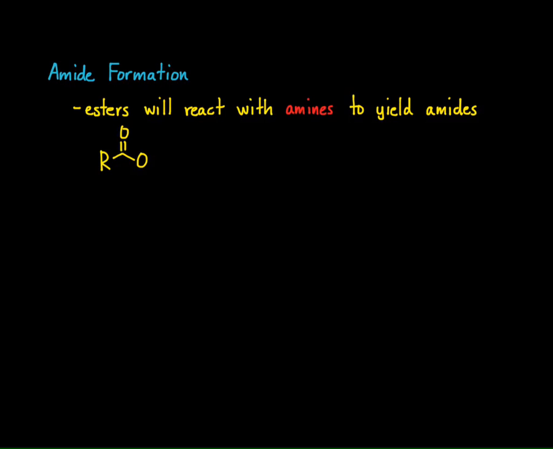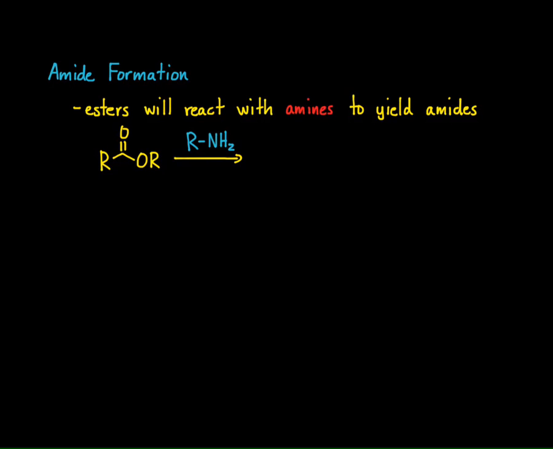All right, now I said at the beginning, esters make carboxylic acids, they make amides. And so we see that esters will react with amines to yield amides, right? Very similar process as that of acid chlorides and acid anhydrides.